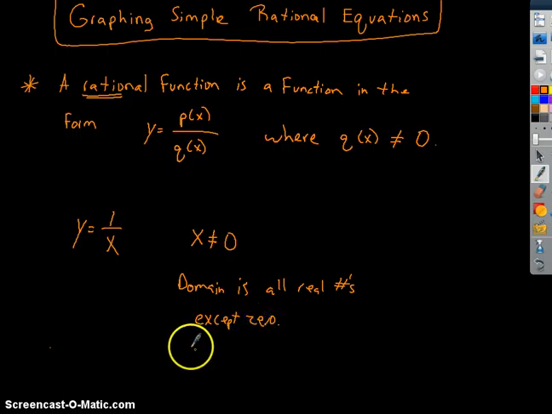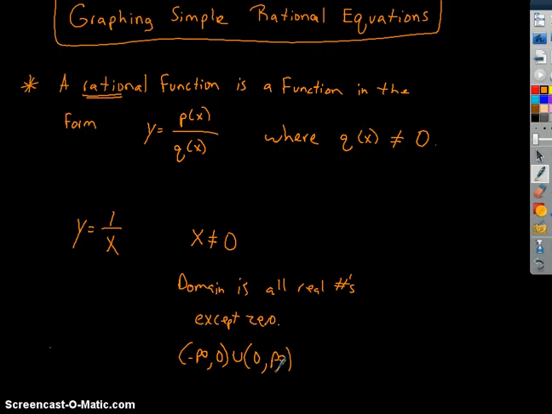Or, in interval notation, it would be from negative infinity to 0, where 0 is not included, so I use a parenthesis, and then a union, 0 to positive infinity. So that would be the domain of this function.